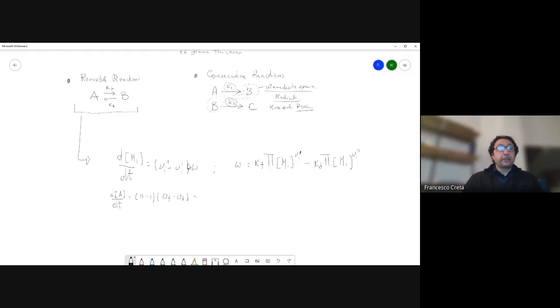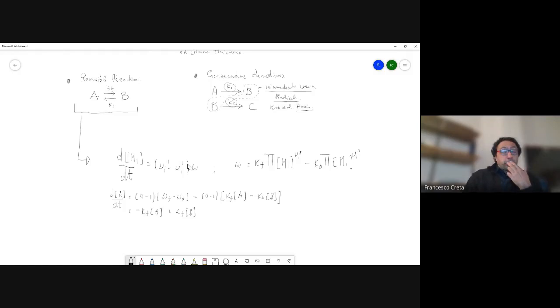And this is simply 0 minus 1 times Kf, the forward rate constant, times A, minus the backward rate constant times the concentration of B. So very simply put, this would be minus Kf of A plus Kb of B.